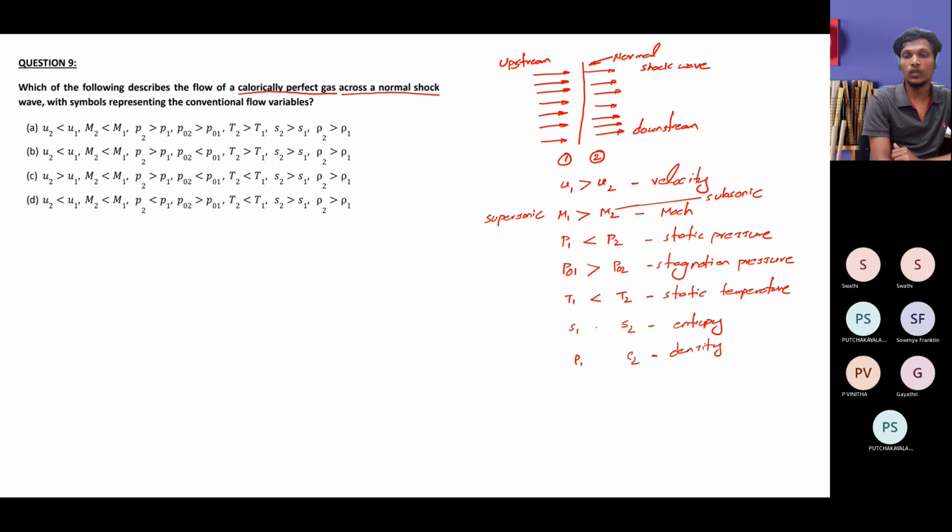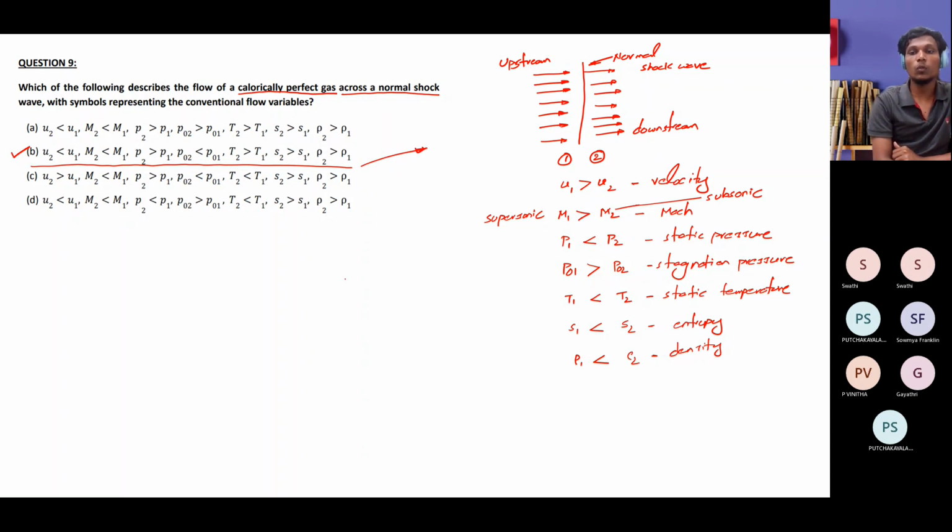And then entropy. Entropy increases always across the normal shock wave. And the density also increases across the normal shock wave. So this is the correct information for this question. And the correct option is option B, which has all these properties related to a normal shock wave.